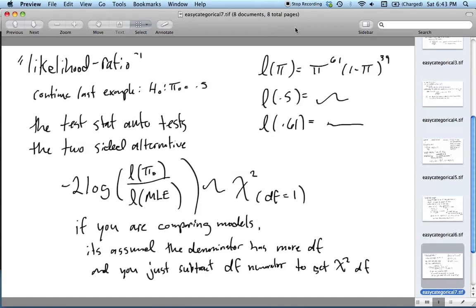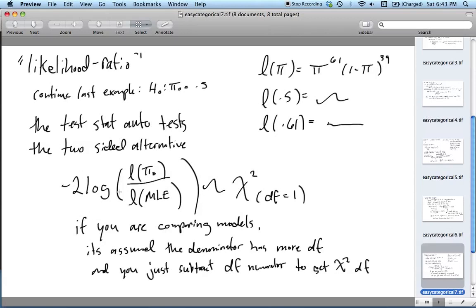Likelihood ratio. This thing's actually pretty cool. So the test statistic will automatically test the two-sided alternative hypothesis, that HA is that pi is not equal to 0.5. In any case, here's how you run this.